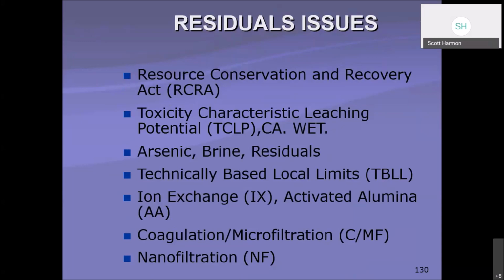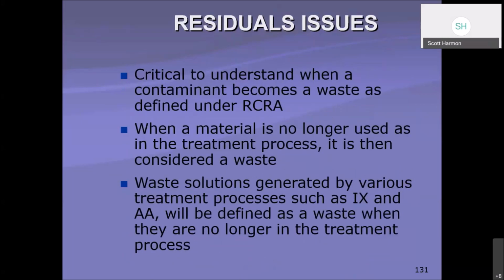Again, you have an opportunity to check on the EPA standards. You could check on the Maryland State, the MDE sites about the standards for arsenic solids handling, things like that. So this first bullet is important, and it is critical to understand when that contaminant becomes a waste defined under RCRA.